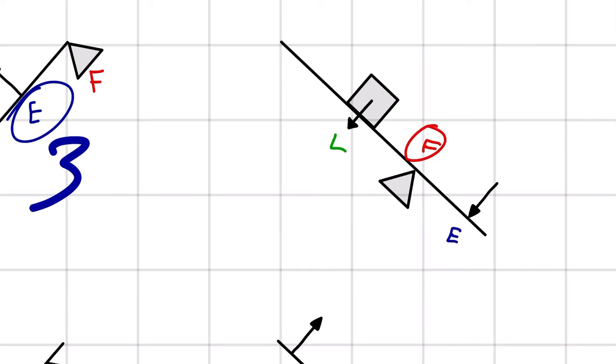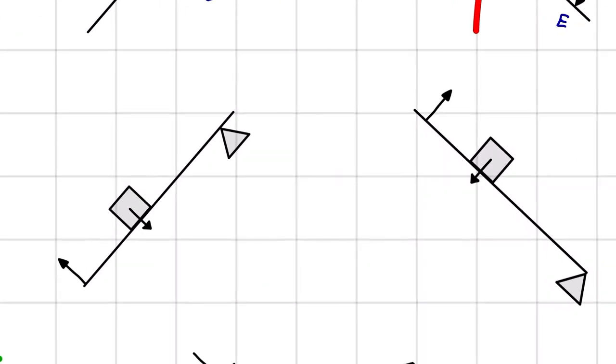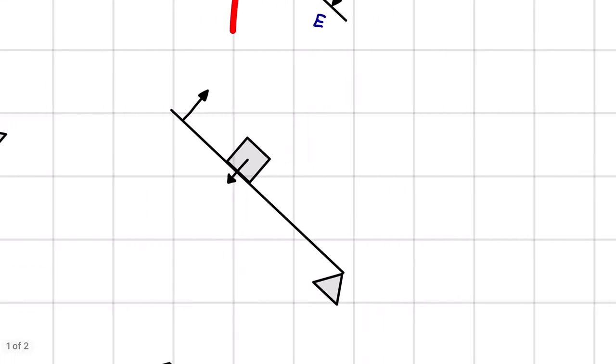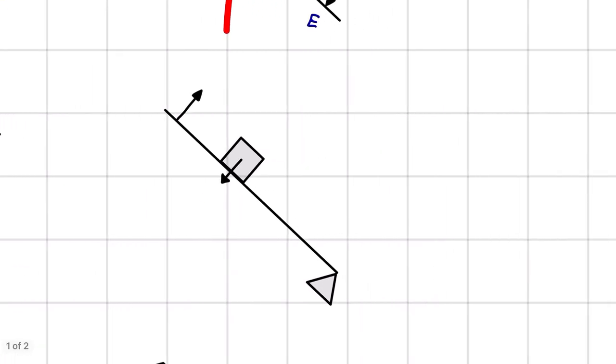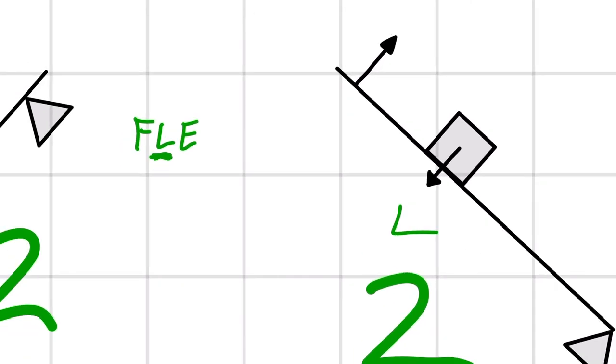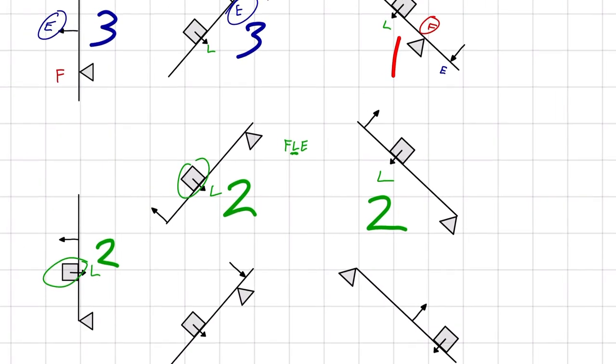So given that the fulcrum's in the middle, this is going to be a first class lever. Let's look at this one. You've got the load in the middle, therefore it is a second class lever. Once again, load in the middle, second class lever. According to the FLEE acronym, the load in the middle means it's a second class.